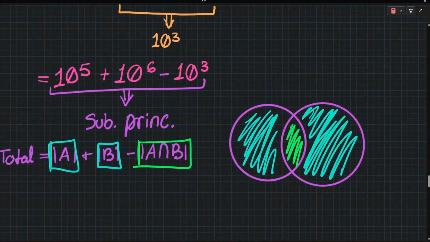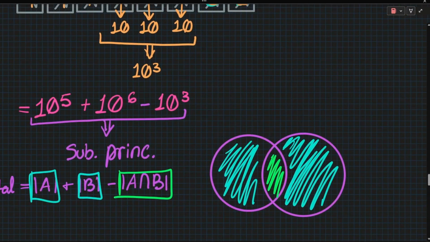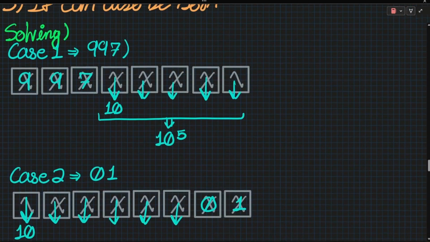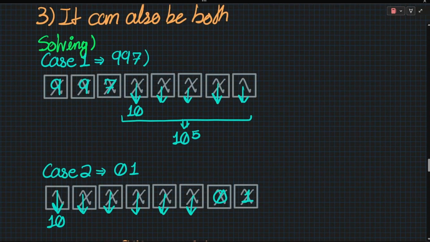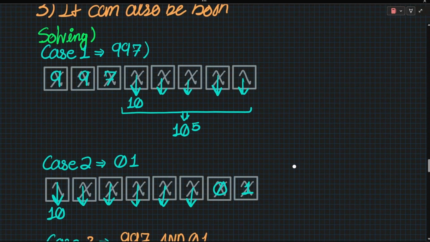Adding them would basically triple or quadruple count these additional instances, but it is sufficient to consider case 1 and case 2 and then subtract case 3, because case 1 and case 2 overcount for each other. Again, if I were to specify 997 must begin this password, then at some point I'd be randomizing these passwords. At some point, I'd reach the endings 01, which have the option to be whatever they want.